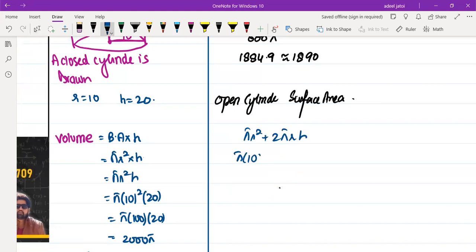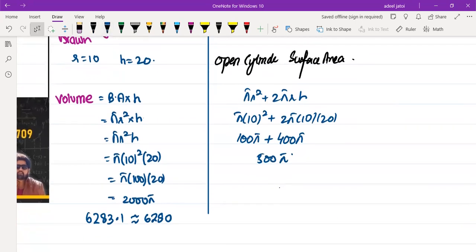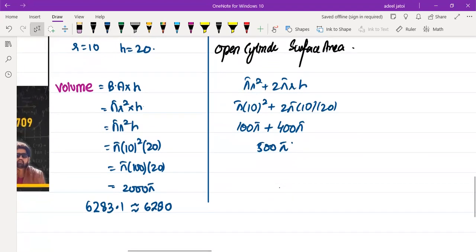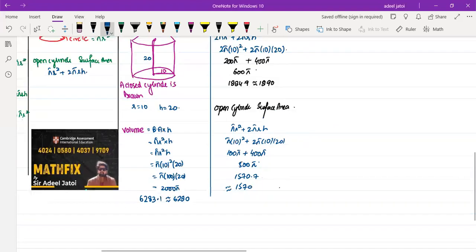So pi 10 square plus 2 pi 10 and 20, which means 100 pi plus 400 pi. So the answer would be 500 pi. Or the answer for this will be 1570.7, so this should be 1570 if we write it in three significant figures.